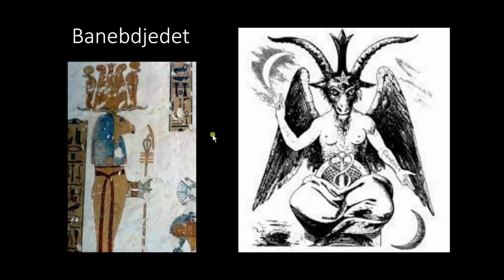Of course, Khnum is a more recent name for this entity. Banebdjedet, the Baphomet, is who this guy is. We can see the horns, just like the Baphomet. We can see the Atef. The Atef is the two feathers of Ma'at with the insert, which is the fleur-de-lis, which Baphomet has. And Baphomet is a moon.